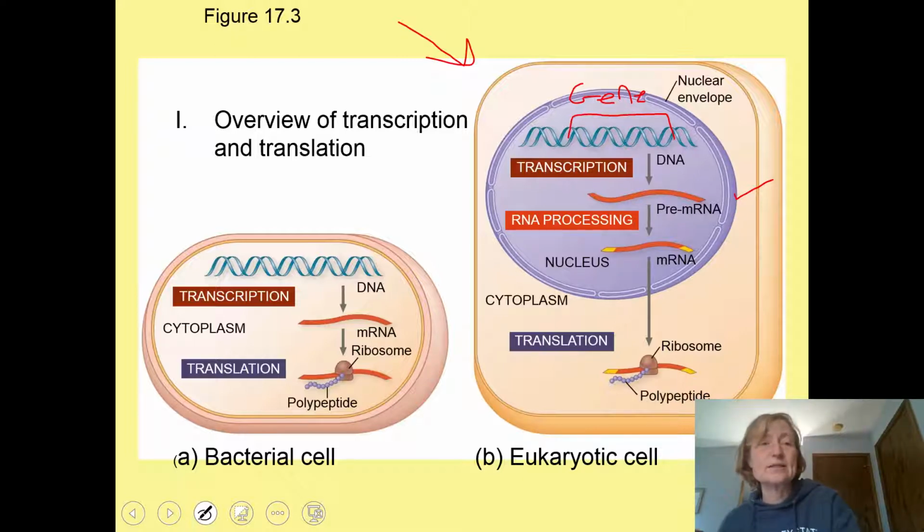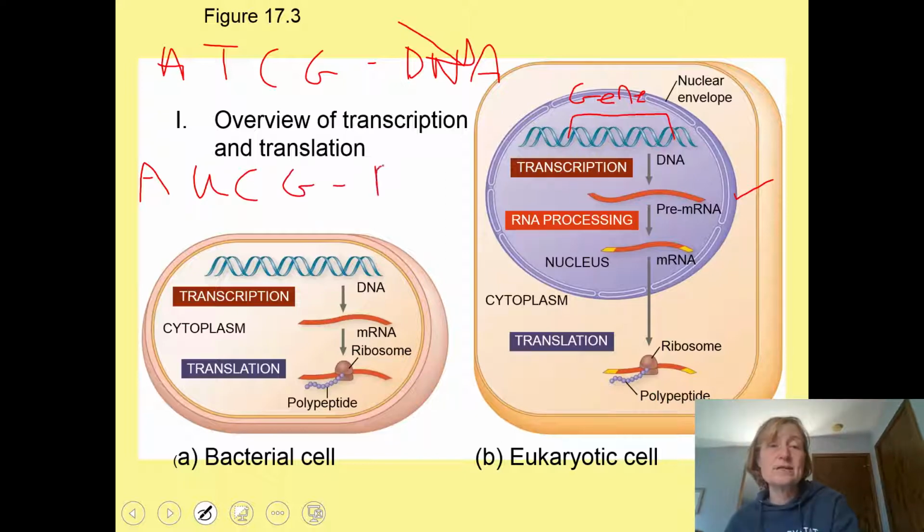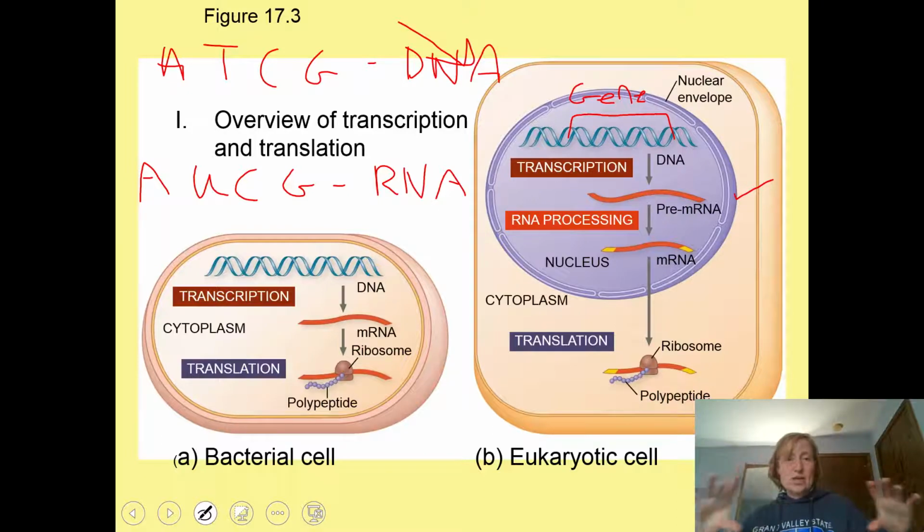Remember, DNA's bases are A, T, C, and G. What are the 4 bases for RNA? A, is there a U? No. Is there a T? No, there's a U. Uracil instead of thymine. C and G. These are the bases for RNA. So there is one difference in the bases, and RNA is single-stranded. So we get a single chain of nucleotides, making a single-stranded nucleic acid.